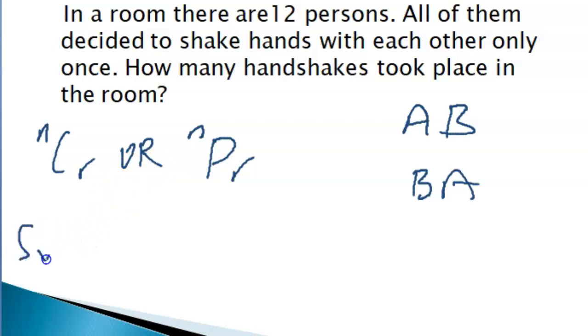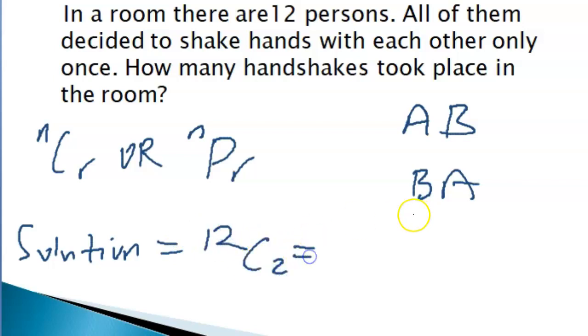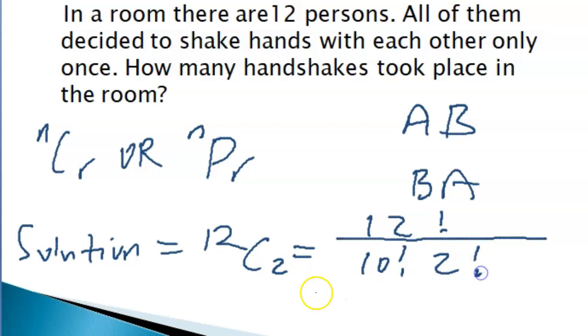So the solution here, the number of handshakes would be 12, and we're choosing 2. So this is 12 factorial over 12 take away 2 factorial, that's 10 factorial, times 2 factorial.